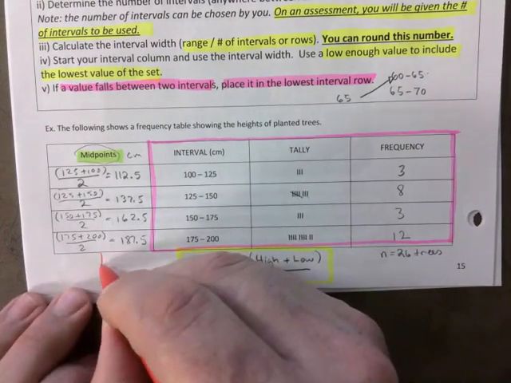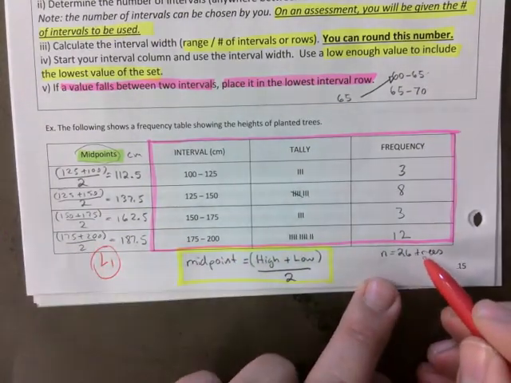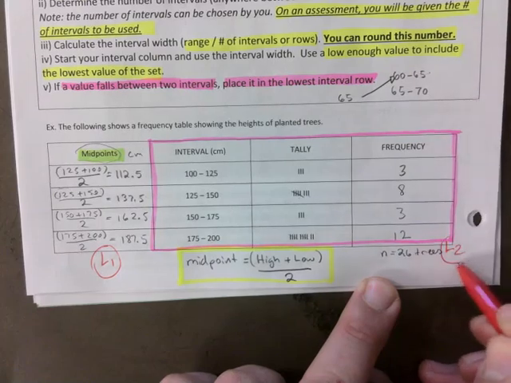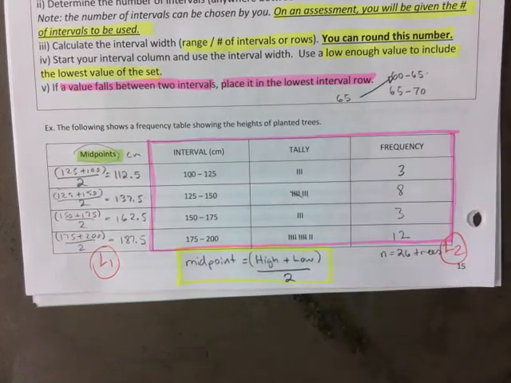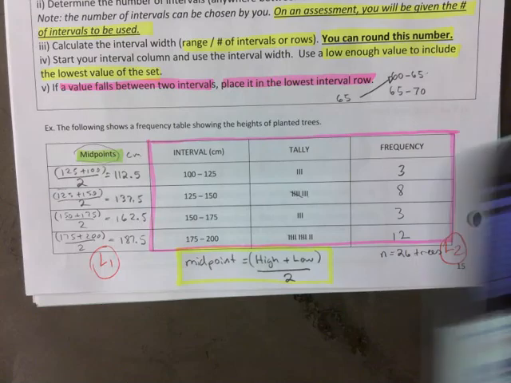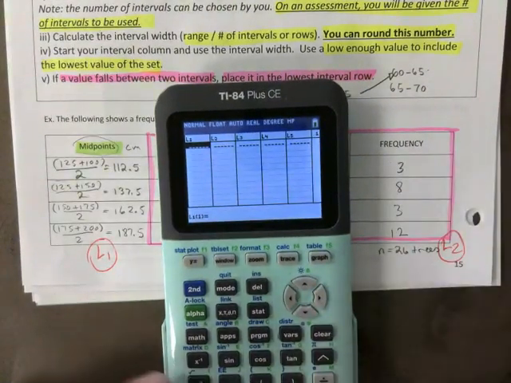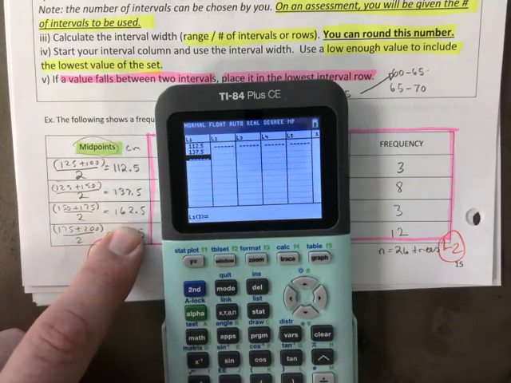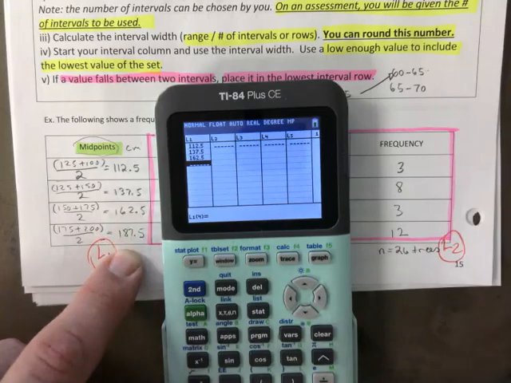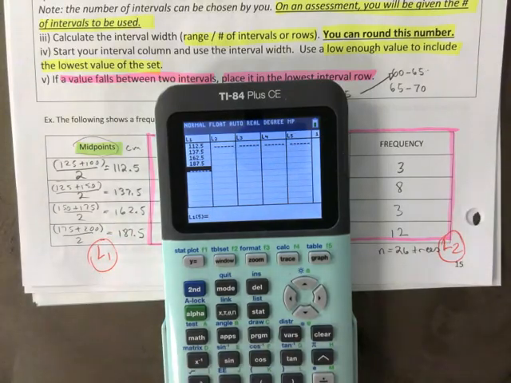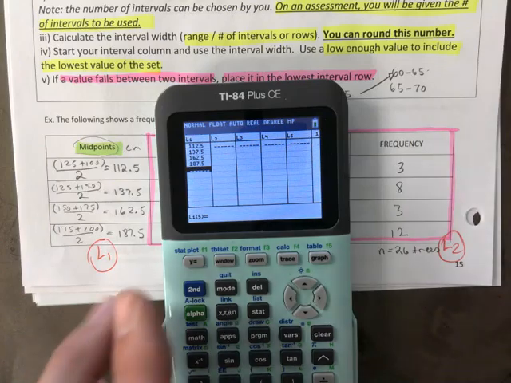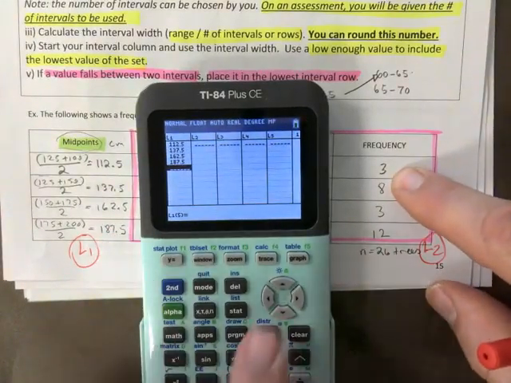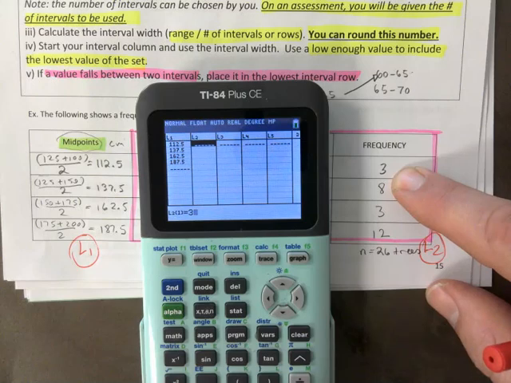I will say that I'm putting this into L1 and I'm putting the trees into L2. Okay. And let's enter that into our calculator. We go 112.5, 137.5. Got it? And then the frequency goes into L2.